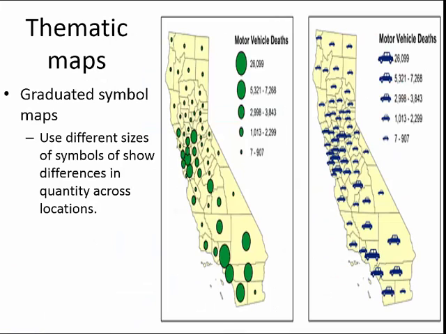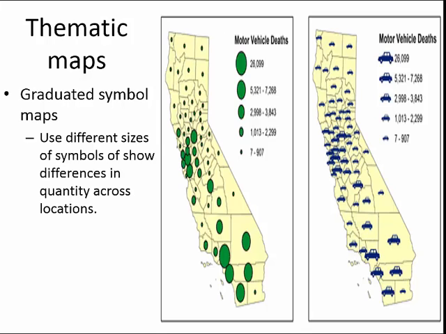Another type of thematic map is your graduated symbols map. You're using different sizes of symbols to show differences in quantity across locations. A large symbol shows a location of large quantities, while small symbols show locations of smaller quantities. So for example here, this cartographer is showing motor vehicle deaths in the state of California.